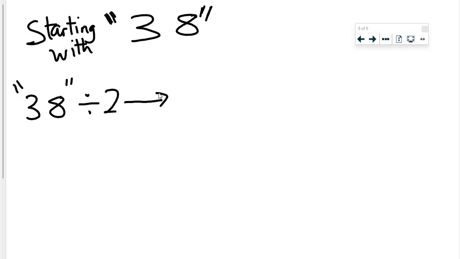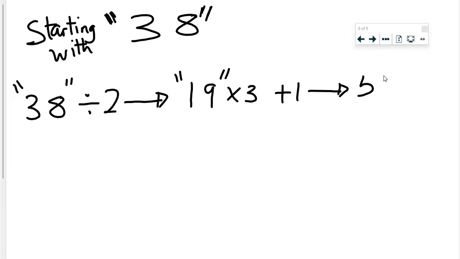What do you get? 38 divided by 2, you end up getting 19. 19 is odd. You need to multiply by 3, add 1. What do you get? 19 into 3 plus 1, you get 58.